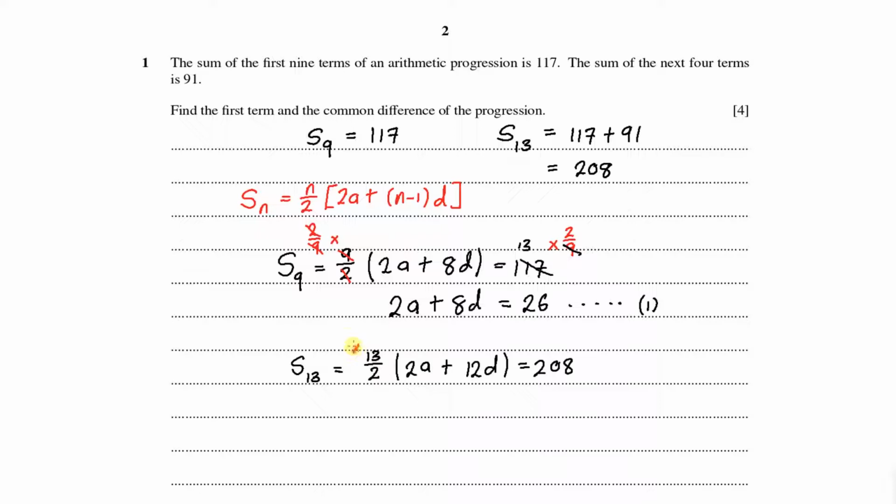And if I multiply both sides by 2 over 13, then the 2's will cancel, the 13's as well. So I'm left with 2a plus 12d is equal to, and I simplify this part, 13 gets into 208 16 times, and 16 times 2, that's 32. And this is the second equation.